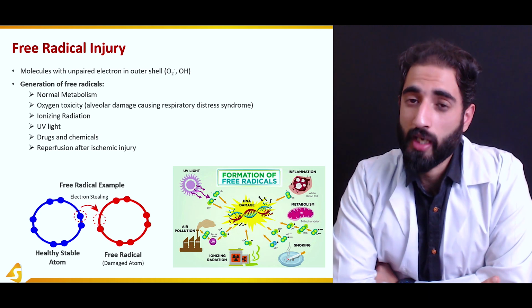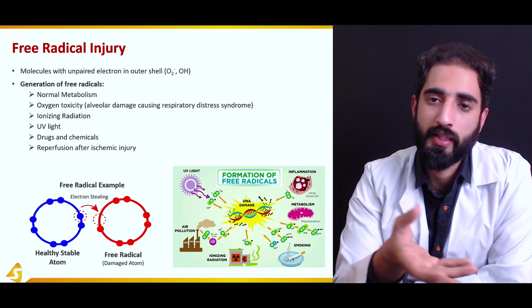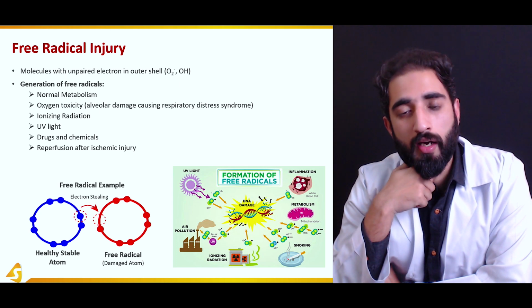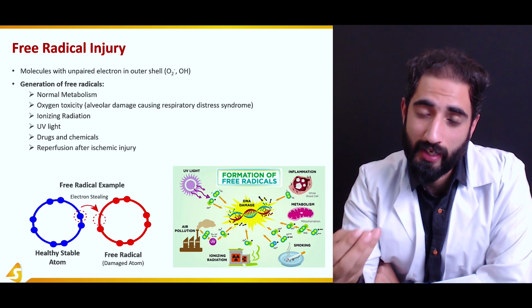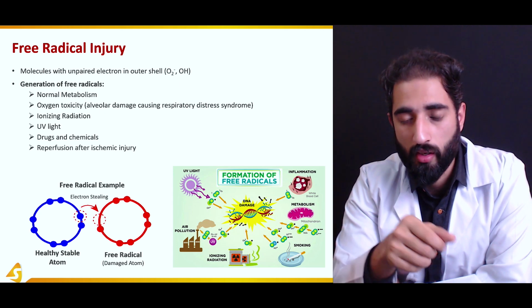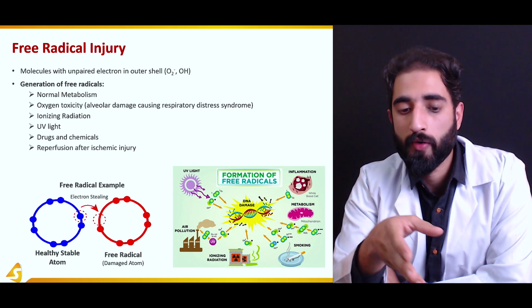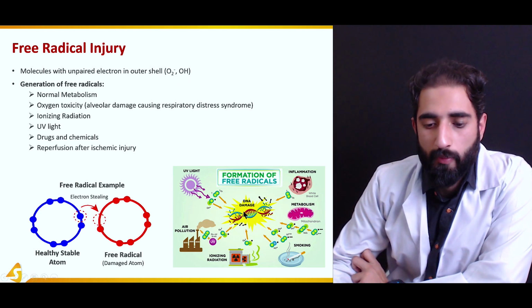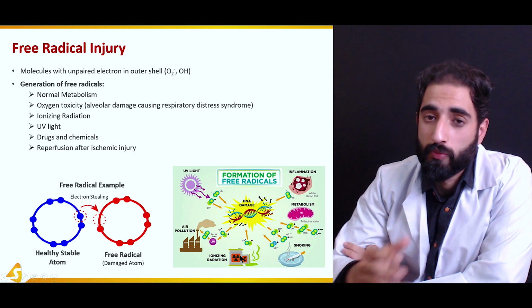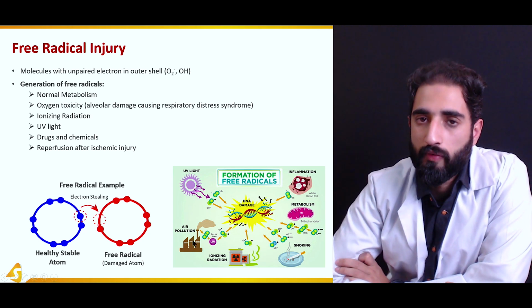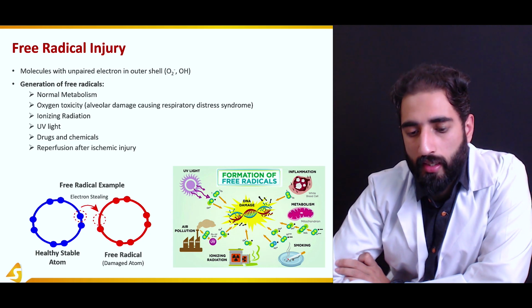Then we have different types of drugs and chemicals, because when they enter our body, they also take part in chemical reactions, and they can result in the production of free radicals, which are very harmful. And then reperfusion after ischemic injury and other conditions include, for example, air pollution and tobacco smoking. They can result in different types of free radicals when we inhale them.